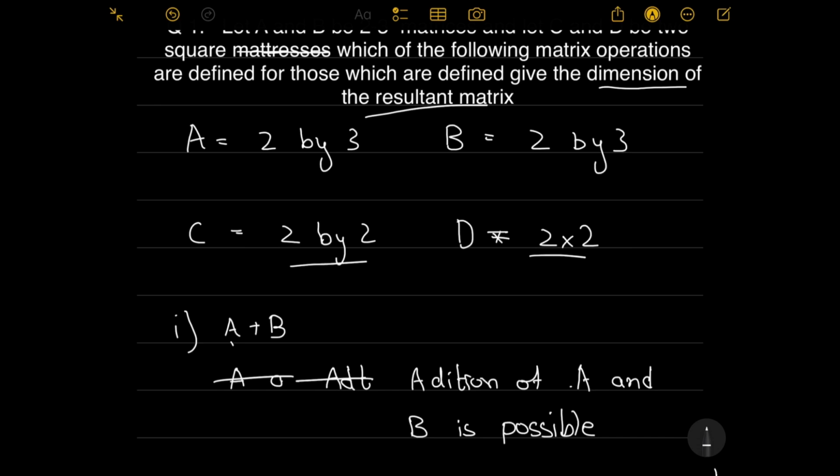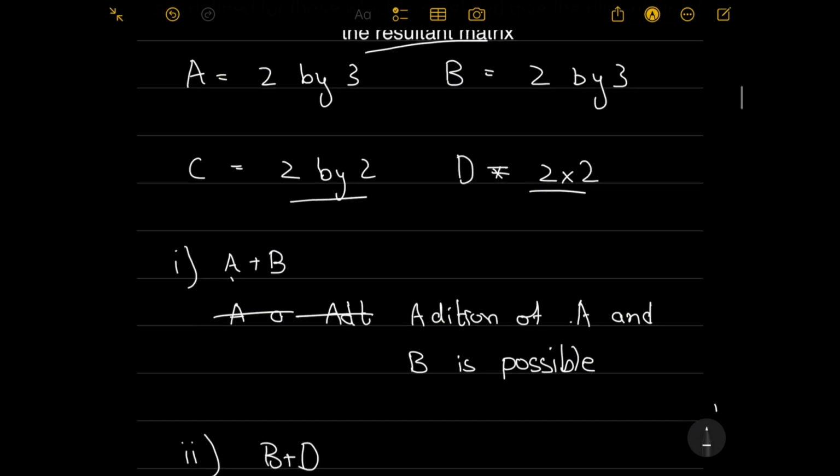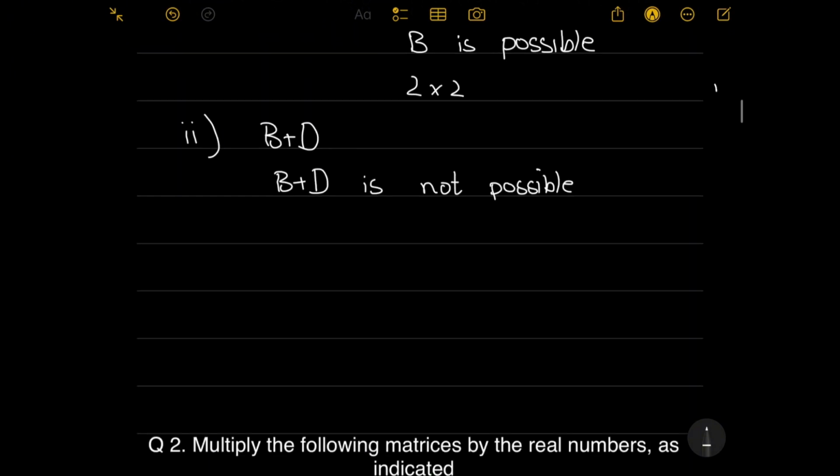So the addition of two matrices of similar orders would result in the order of these two. So here A and B are 2 by 2 matrices, so the result will also be a 2 by 2 matrix.